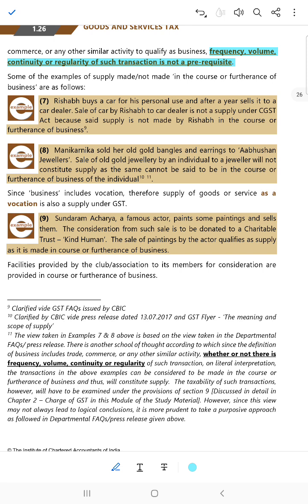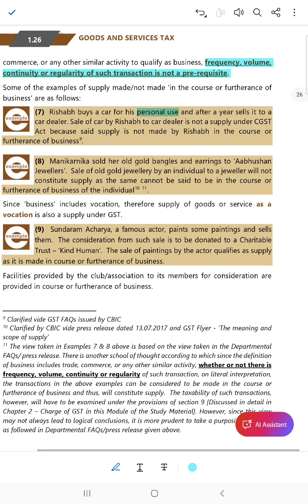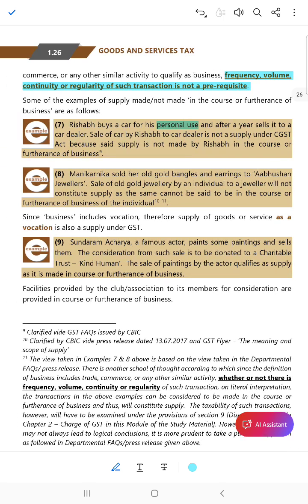Yes or no? There is a consideration, there are goods, but I'm selling a personal car. Okay. So, there is no course or furtherance of business. This was clarified by CBIC. So, second-hand sale of a personal asset, remember, of a personal asset, is not business.